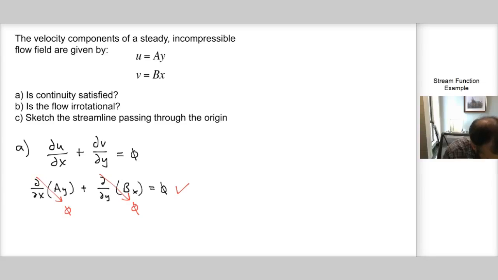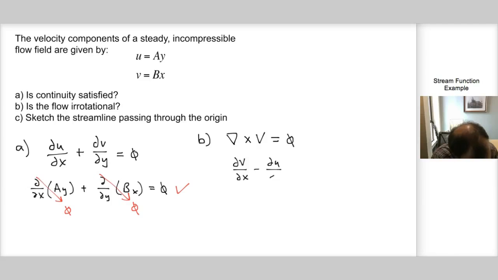For part B, we're asked if the flow is irrotational. To satisfy irrotationality, we need del cross V equal to 0. We do not have a z component, so that means that the only thing we need to satisfy here is that dv over dx minus du over dy equals 0.